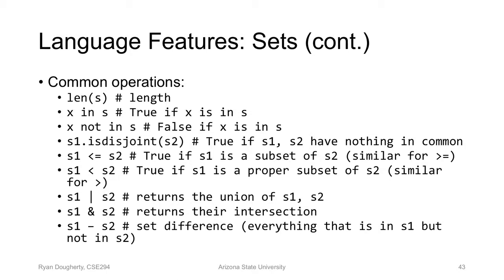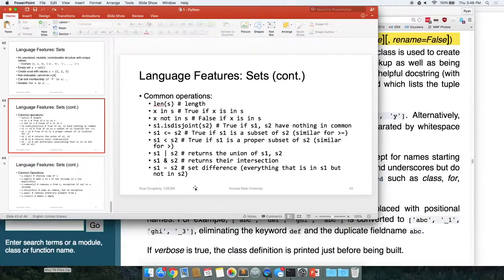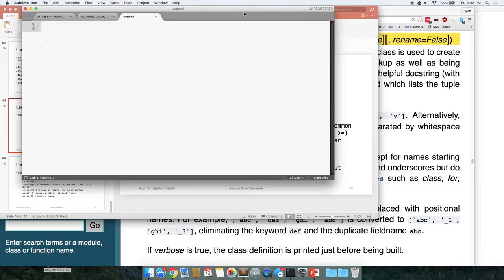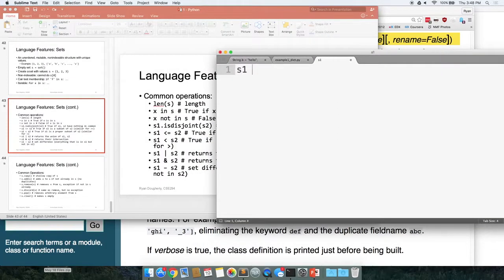Set difference returns a set that has every element that's in S1 and not in S2. So what this is effectively doing is, S1 minus S2 is equivalent to saying if x in S1 and x not in S2.